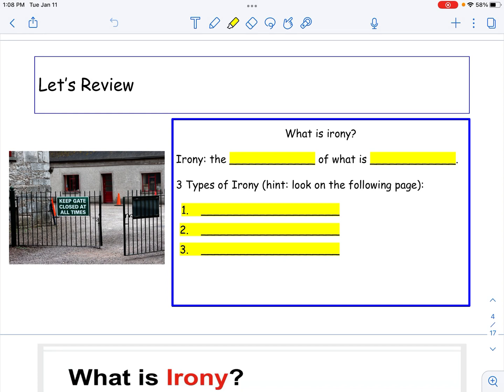Here we have a picture and then we have what is irony. Let's take a look here. Irony, the blank of what is blank. What can we fill in about irony? I'll give you the hint.